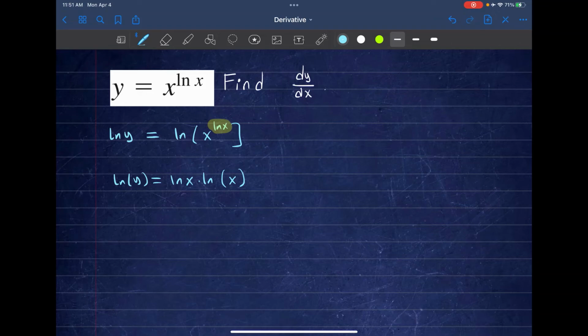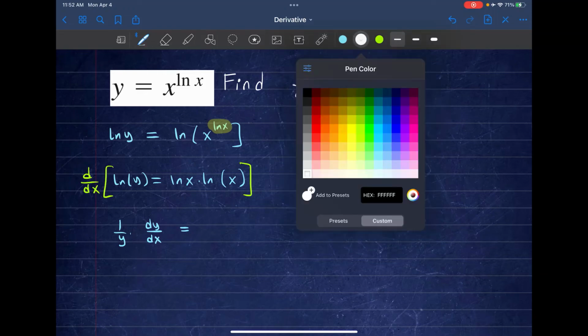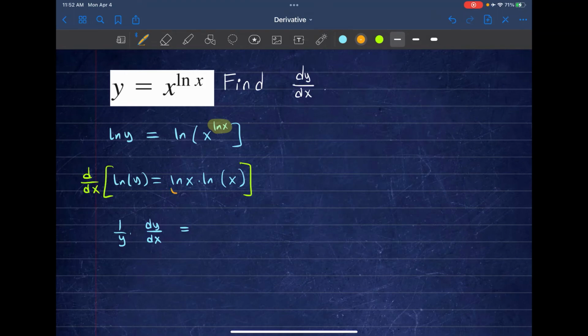So now I can differentiate. I take the derivative on the left side and right side with respect to x. The derivative of ln of y is 1 over y, times the derivative of y, that's dy/dx. And now here again, product rule. Be very careful how you do that because you might get confused with ln x and ln x. Think of it as your first function is ln of x, the second function is the other ln of x. I differentiate the first ln of x, I get 1 over x.